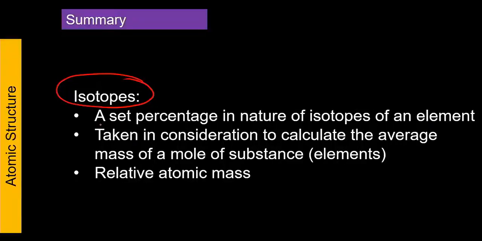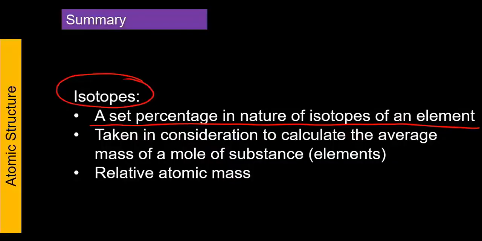And scientists have found that that is a set percentage. So this is the first thing about isotopes. There is a set percentage in nature of isotopes of a specific element. There aren't millions and millions of isotopes. We see that chlorine has got 2 isotopes and that hydrogen has 3 isotopes. So we're not going to find more than that in nature, and there is a specific percentage.